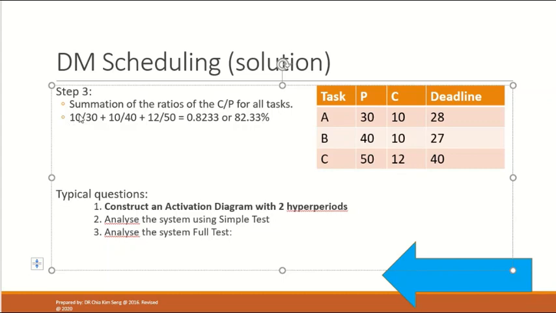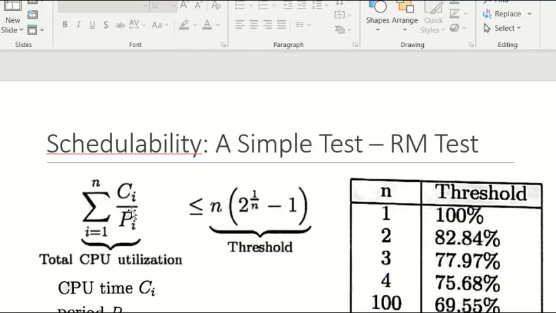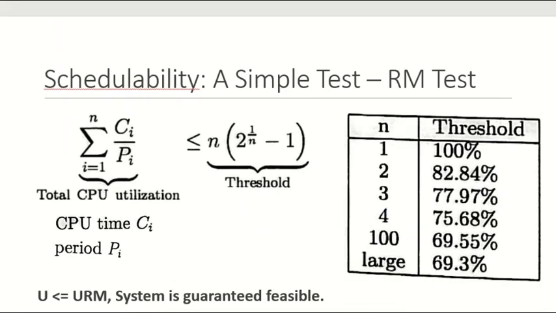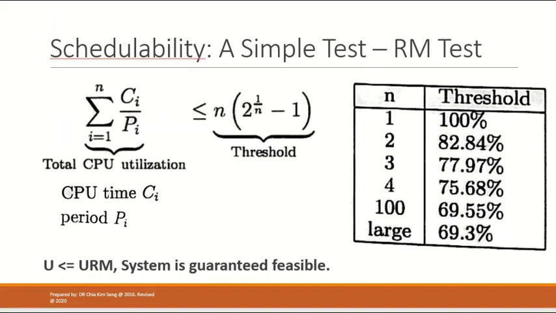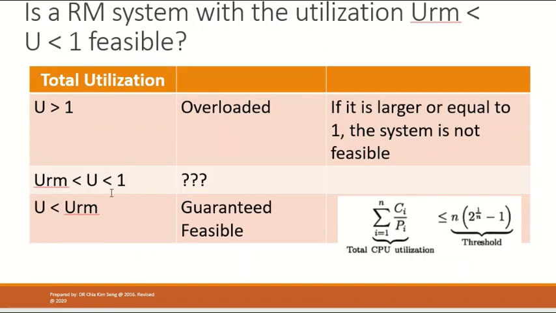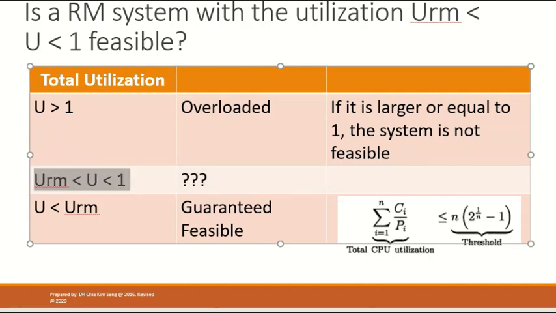Using a calculator, we get our total CPU utilization. It is more than the threshold, so in this case we need to run the full test. It's not less than, it's more than. But at the same time it's less than 1.